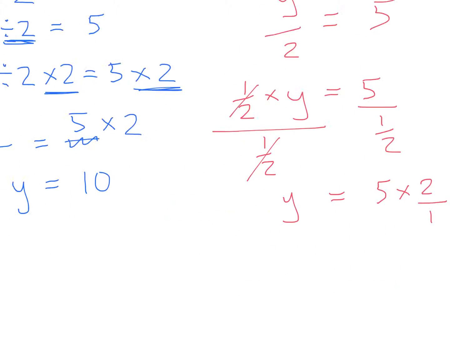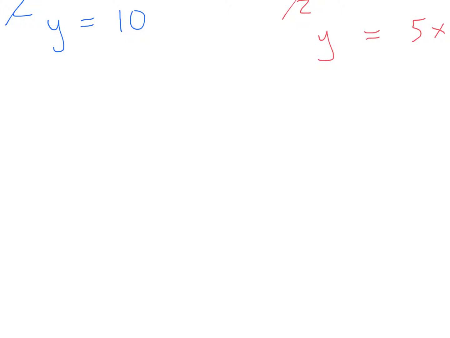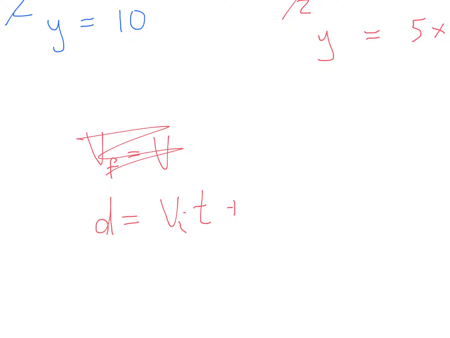Okay, physics example of removing coefficients. If we are rearranging a kinematic equation, we'll do d equals Vi t plus half a t squared. You can see our coefficient in this case is a half.